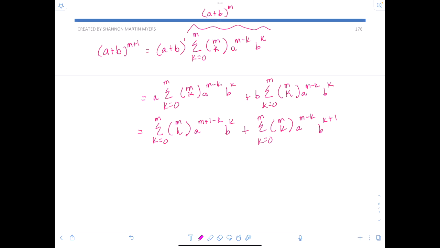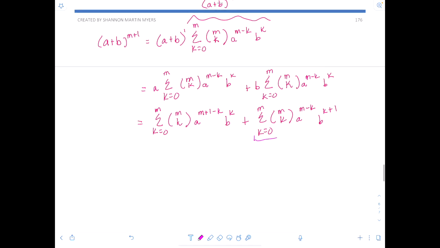So let's take a look at this second summation, all right? And what we'll do is a little trick. We're just going to let j, which is a dummy variable, which means we can switch it around. It's just temporarily serving for us to algebraically manipulate this summation. So j equal to k plus 1.